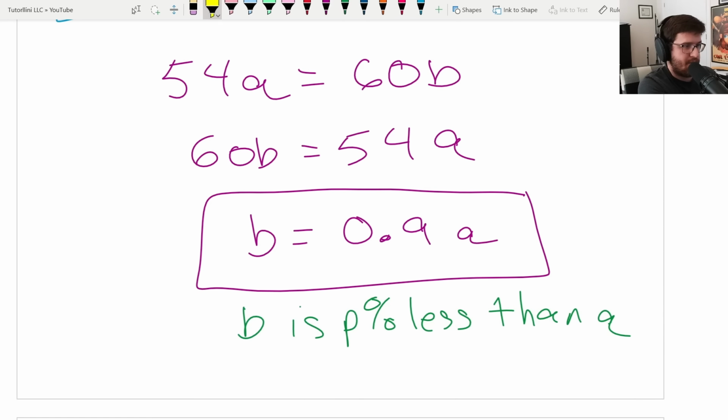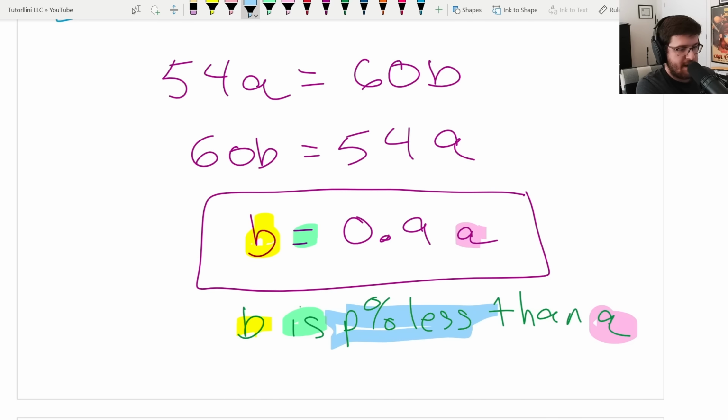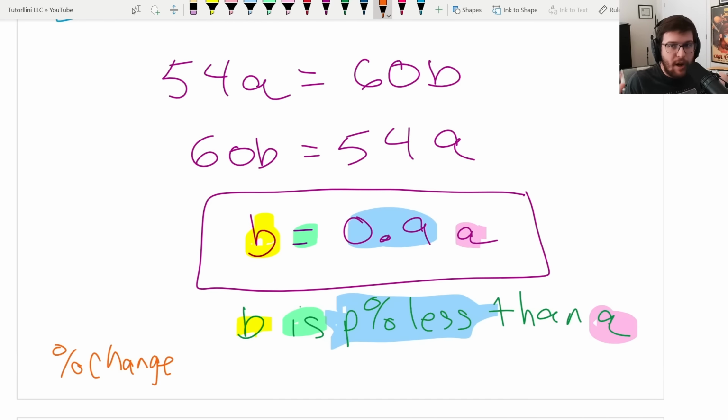So you see, b is means b equals a. So this part, p% less, we're going to get from this multiplier, which is 0.9. Don't forget, guys, that the word less is a decreasing word. So that tells me I'm doing an increase-decrease multiplier. If instead of less it said of, I would only have to multiply by 100.